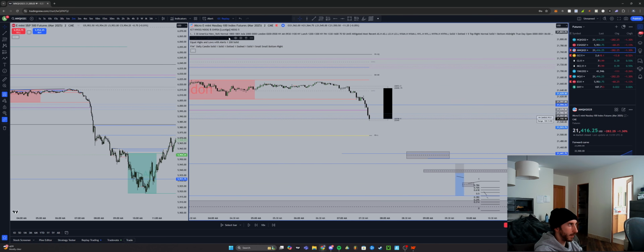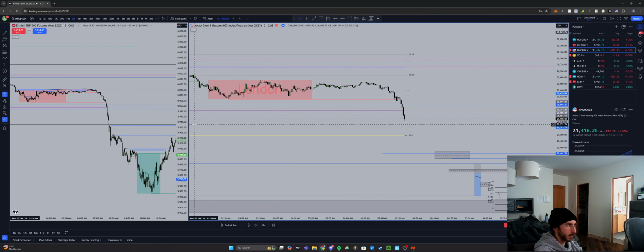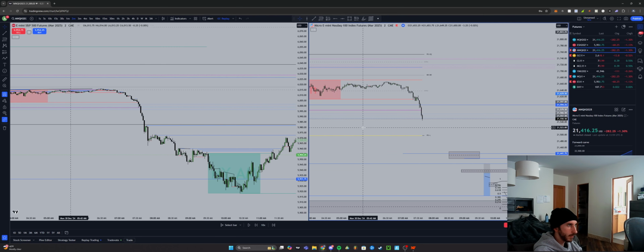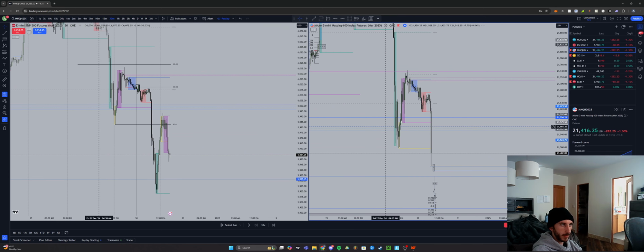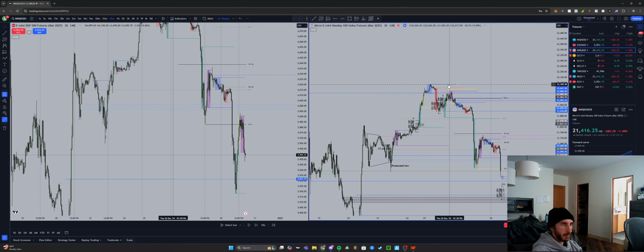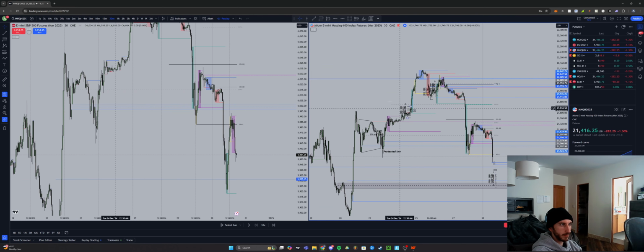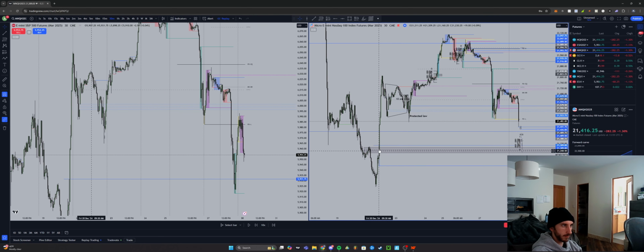So, I'm going to remove that because I don't need that. So, basically what I was looking at, let's go in the 30-minute time frame. Very clear top of a sell model, right? We have the high, and we have obviously, right, imbalance here, bullish breaker here, right, low, high, lower, low, right?